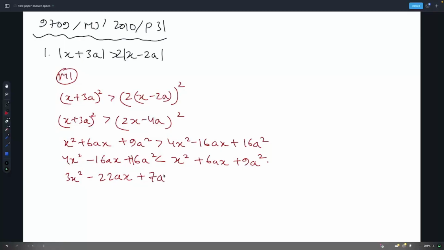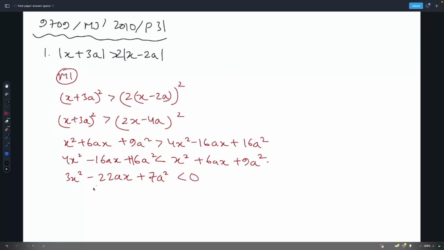Now keep in mind that it is not necessary that we can use quadratic stuff here. We can basically break it down and factorize it. How? We have x square, we have a square, and here in the middle we have ax, right? So I can easily do middle term breakdown here.